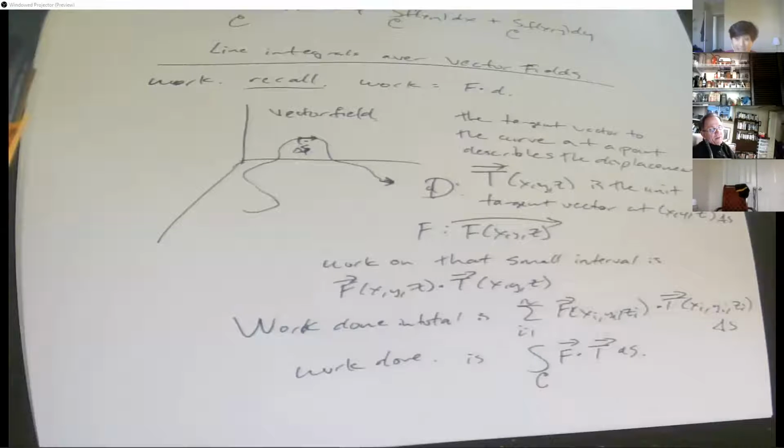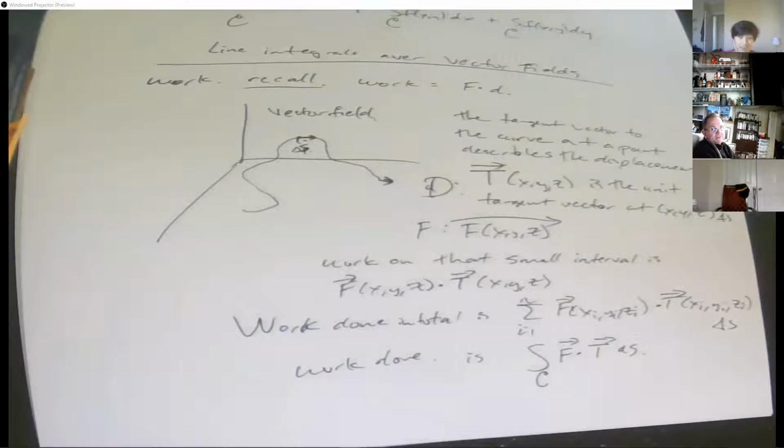There are three of them: the tangent vector, the normal vector, and the binormal vector. So there was no F; I misremembered. And F and T could be orthogonal at some point. That's not to say they can't be orthogonal.